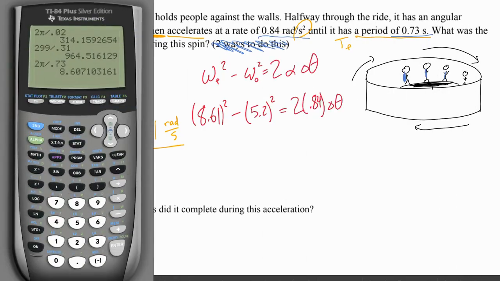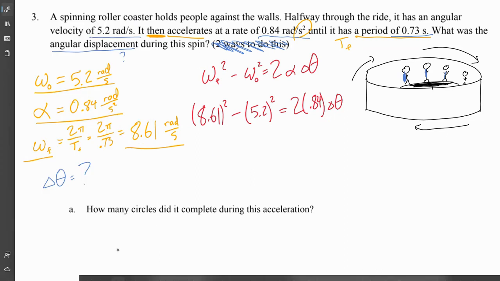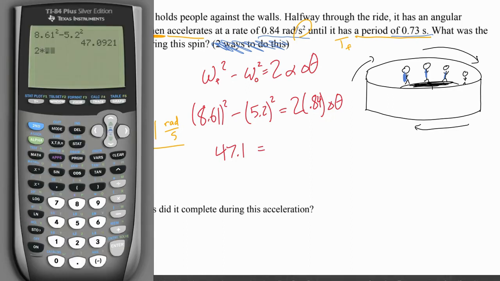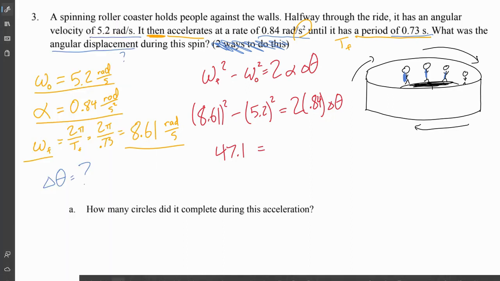So then, if we bring this into our calculator, 8.61 squared minus 5.2 squared. All right, so there's our left side, 47.1. 47.1 is equal to 2 times 0.84. We get 1.68 times delta theta.